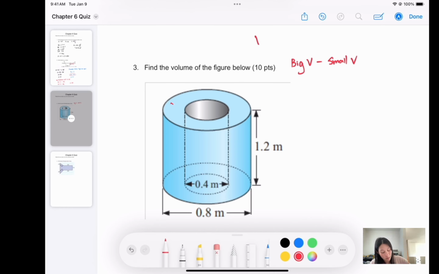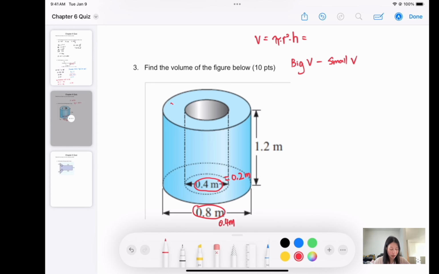The formula of volume is pi times r squared times height. But be careful, when you look at the figure, 0.4 meter is the diameter. We need to convert this first, find the radius first. So this is 0.8 and this is equal to 0.4.